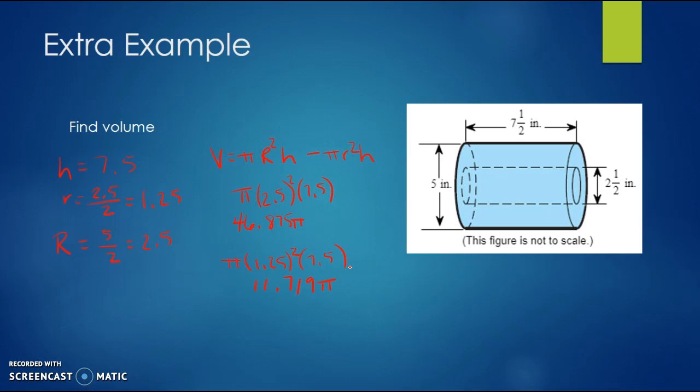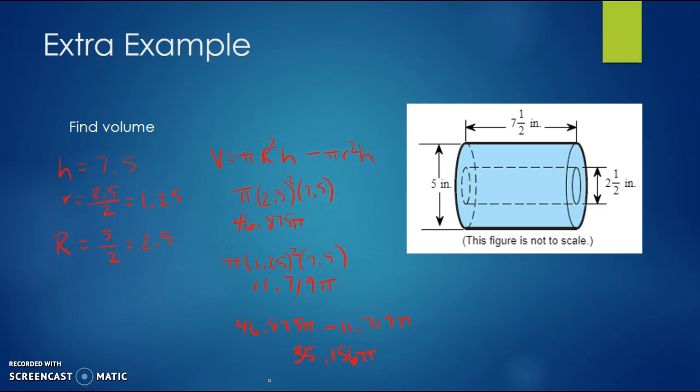So now from here, I am just going to take 46.875 pi minus 11.719 pi. And since they both have pi, I can subtract 46.875 minus 11.719. And I'm going to end up with 35.156 pi.